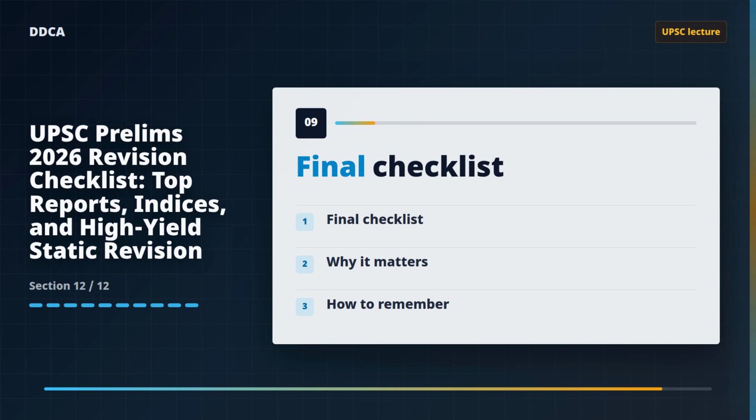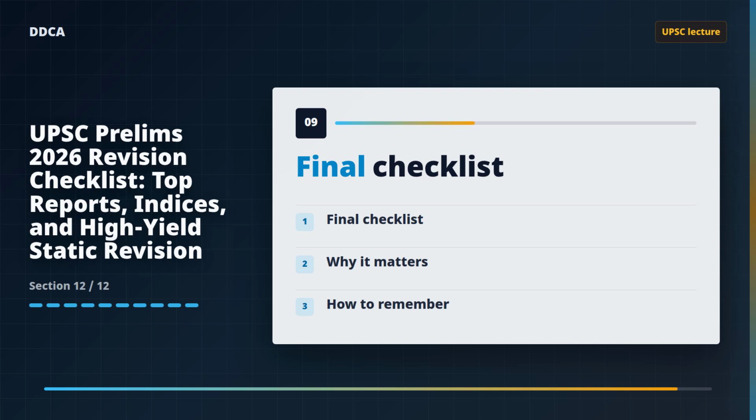Revise governance and democracy-related institutions and reports. 4. Revise environment and climate reports, especially those connected with forests, biodiversity, pollution, and climate action. 5. Revise India-specific official sources from RBI, MOSPI, Niti Aayog, PIB, and major ministries.